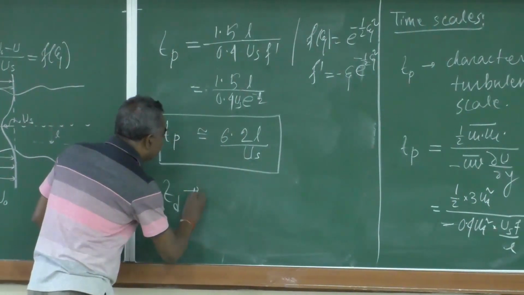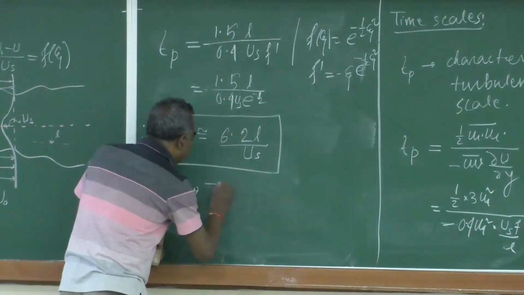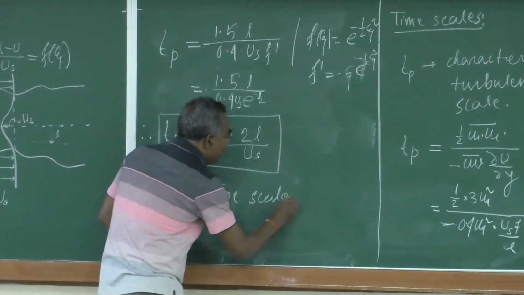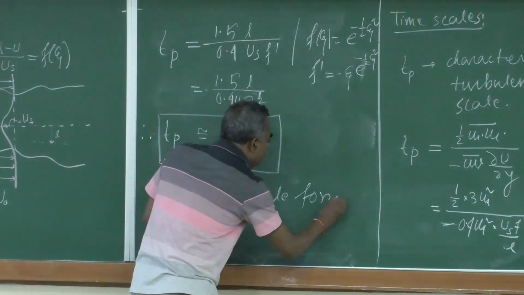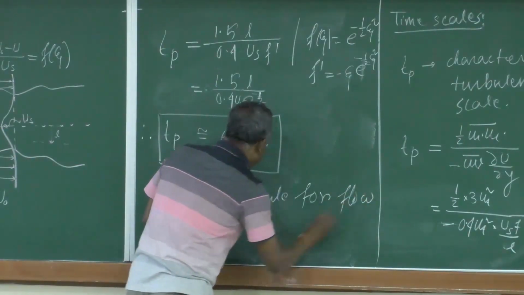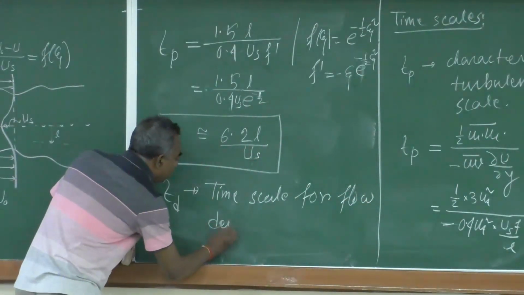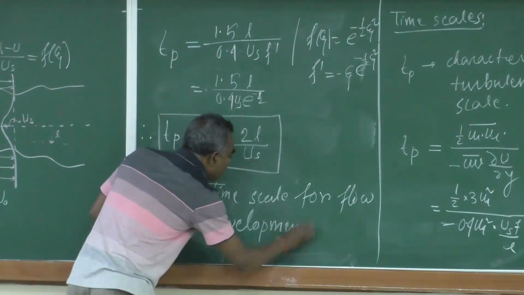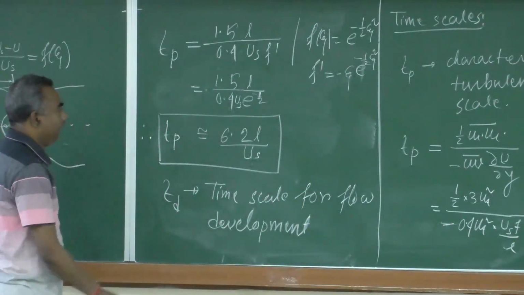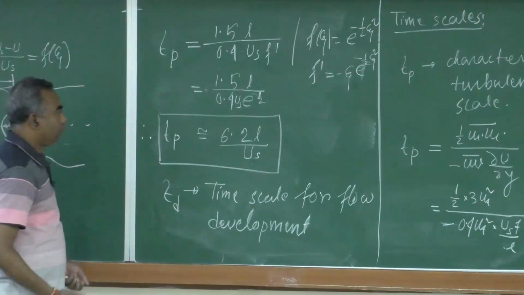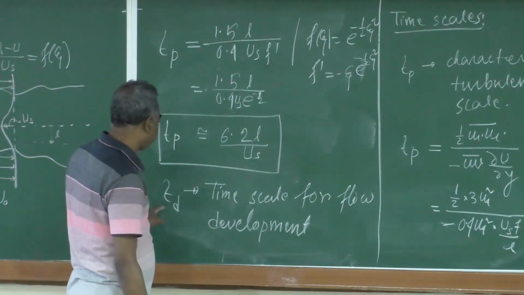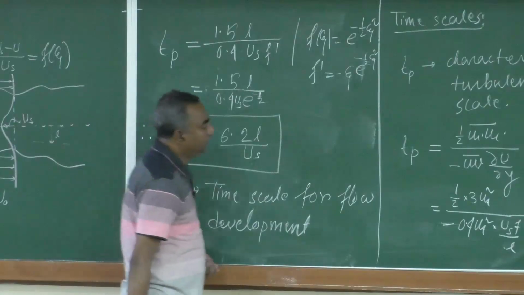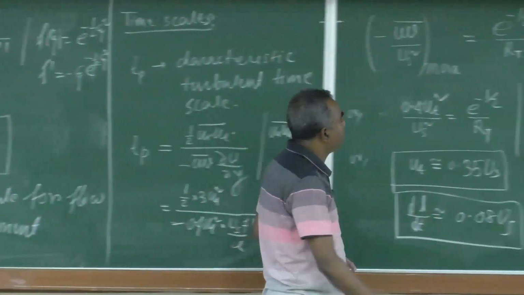This is known as the time scale for flow development. Okay. So, this is what we have to calculate now. Now, how can we define this TD? That is what we have to consider.